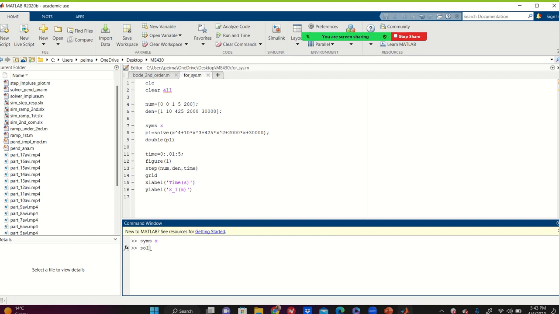Okay. Solve s cubed, what was the polynomial? 4s squared, 4. Oh, this is x. 4x squared plus 2.